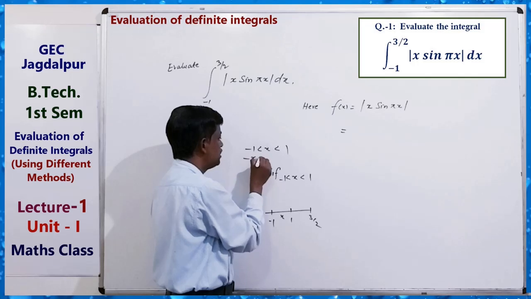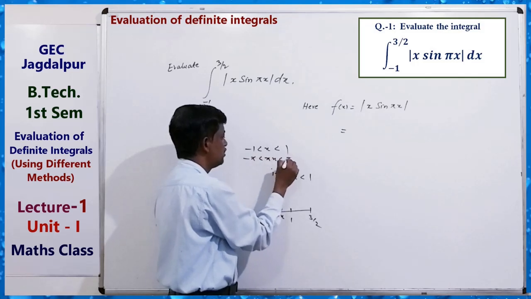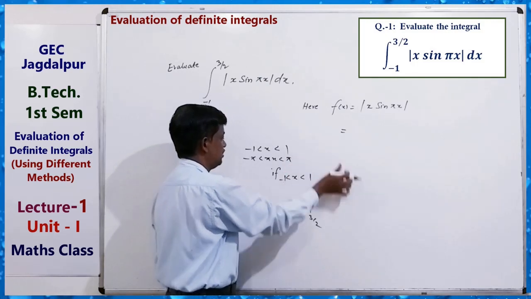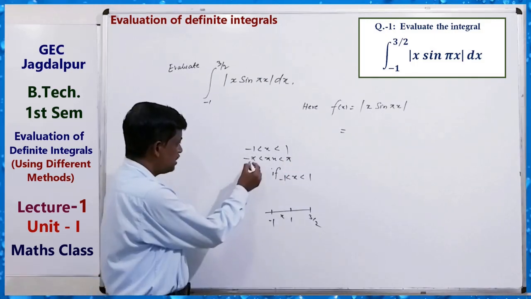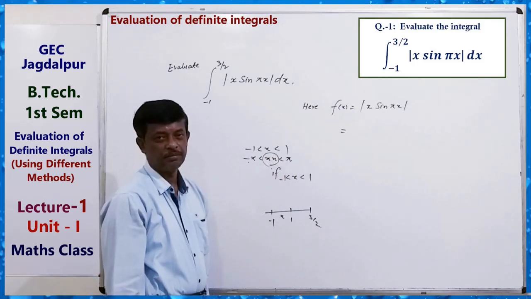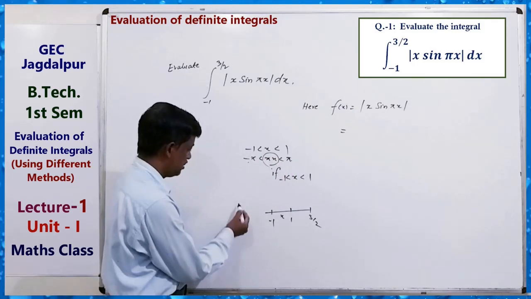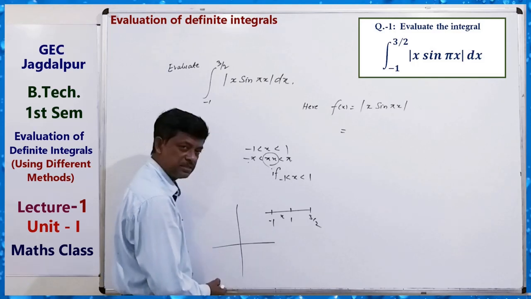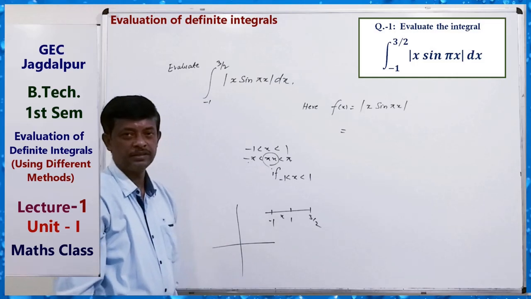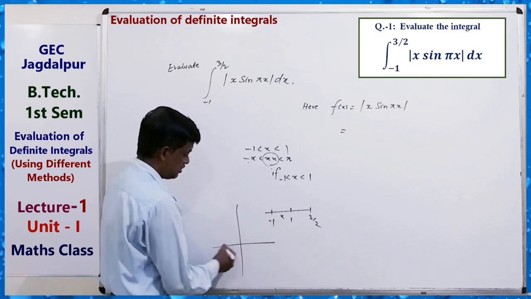So minus pi is less than pi x, which is less than pi. Minus pi to pi, this value. Minus pi to pi means here pi is this interval.